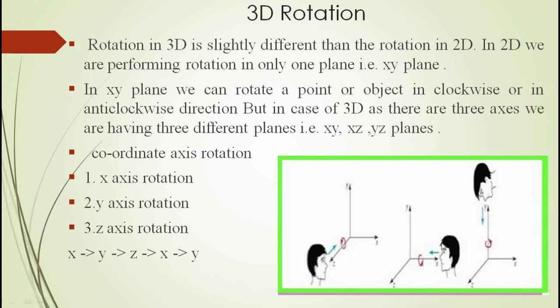In the X plane, this man is looking towards the origin. Suppose here is the object and it is rotated in an anti-clockwise direction. So the X value is 1 and only the Y and Z values change. Same here, we rotate an object about the Y axis.